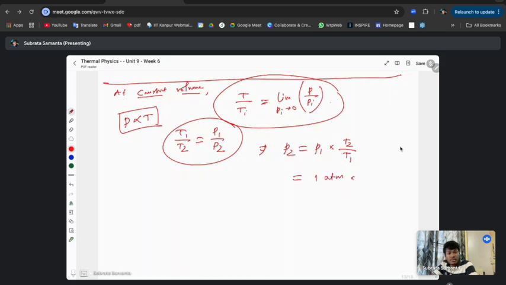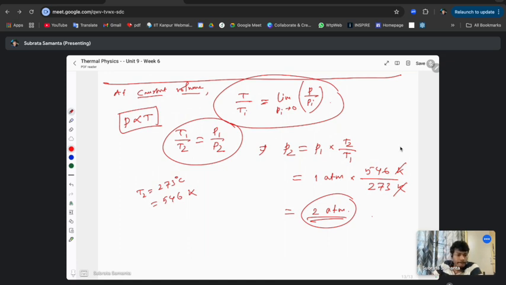So the T2 value is 273 degrees centigrade, that means 546 Kelvin, and T1 is at 0 degrees centigrade, that means 273 Kelvin. Okay, and this Kelvin cancels, so this gives you 2 atm, right?